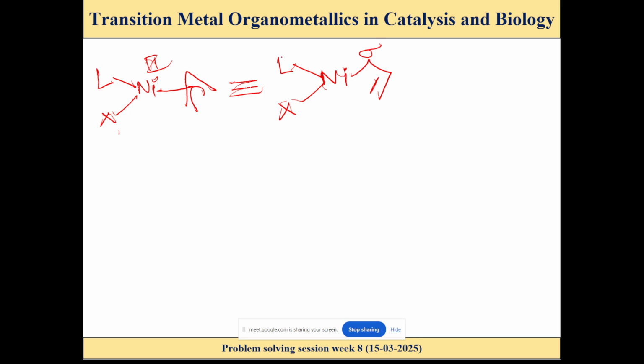Now another molecule can connect in a pi bonding fashion to give the nickel like X. So this becomes sigma type of bonding, and this becomes pi type; this is sigma and this is pi.